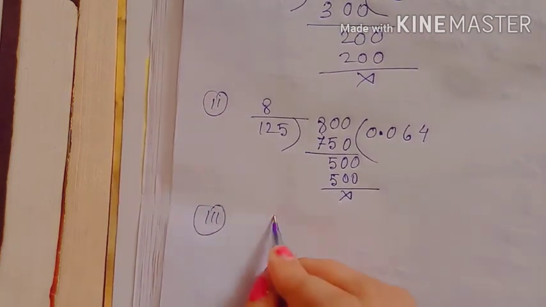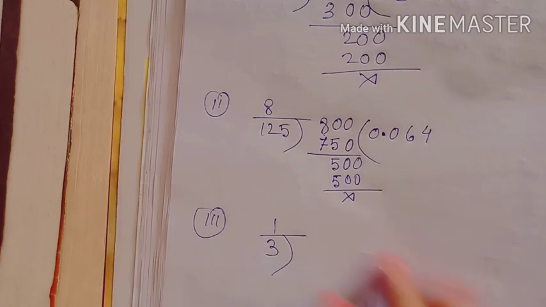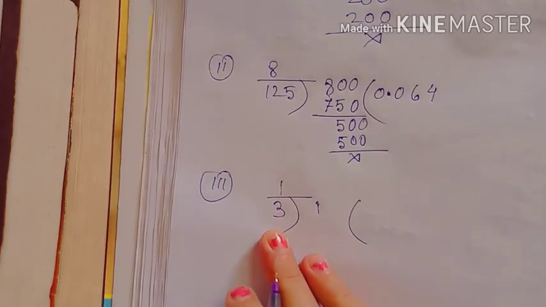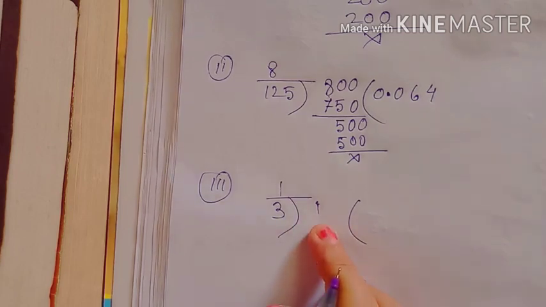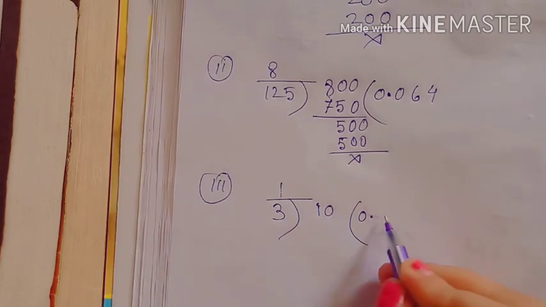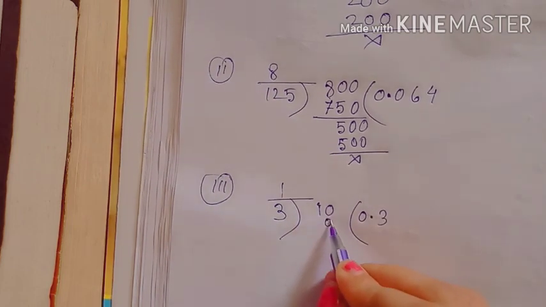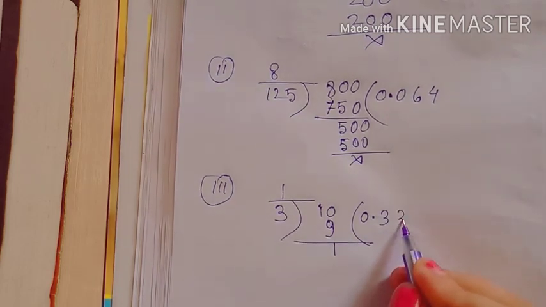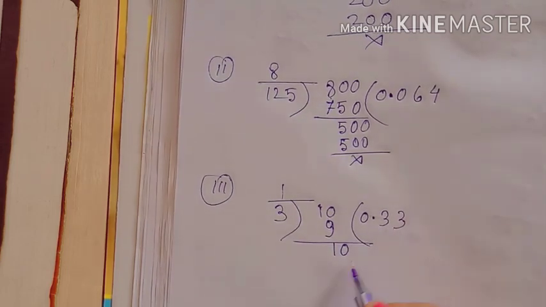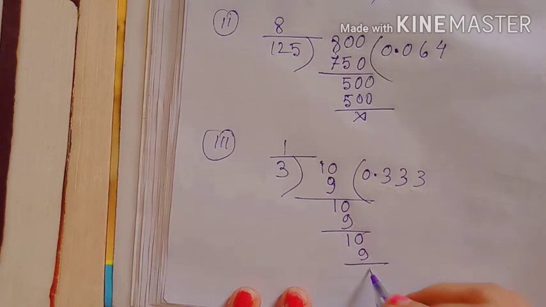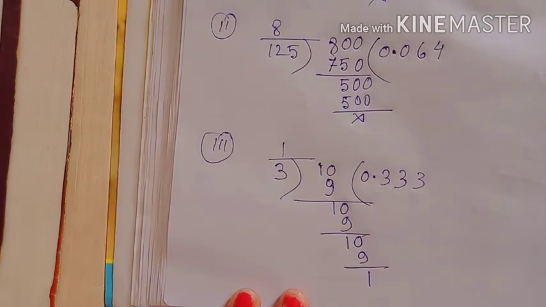Let's move on to the next example, that is 1 by 3. Let's divide 1 by 3. Again the dividend is smaller than the divisor, so we place a decimal here and a 0 here. 3 3s are 9, remainder is 1. Again we place a 0 here. 3 3s are 9, remainder is 1. Again we place a 0 here. 3 3s are 9, again the remainder comes 1.